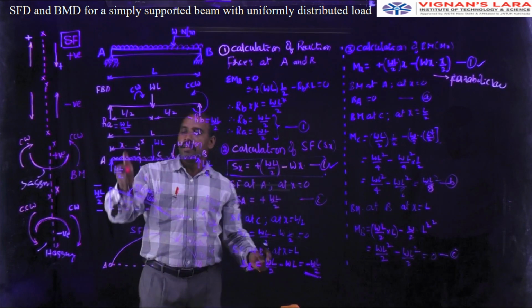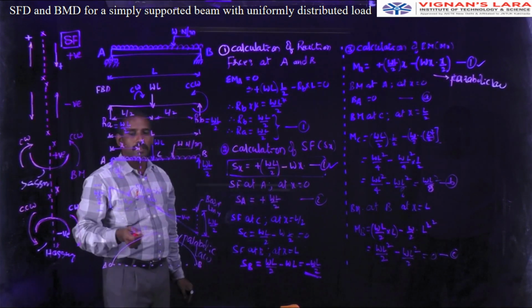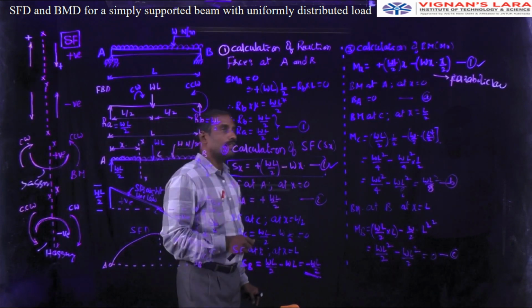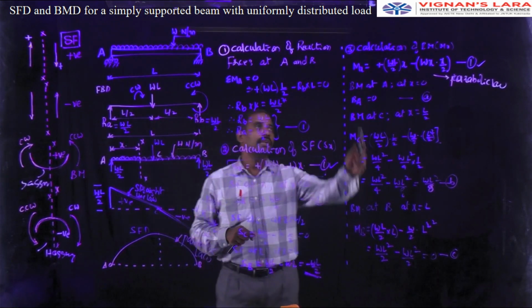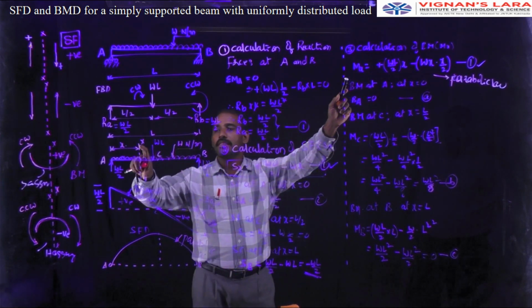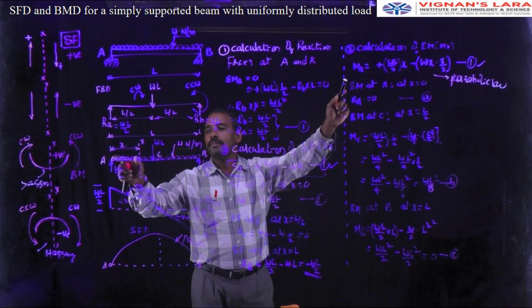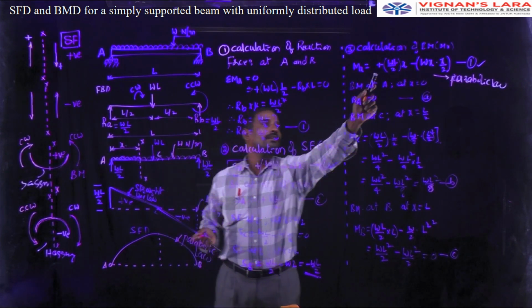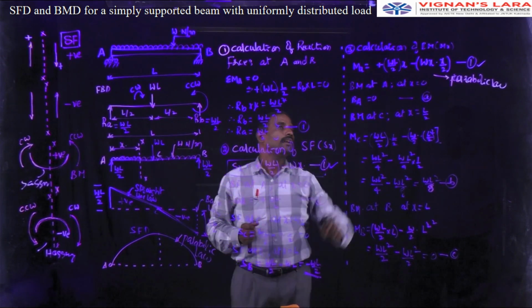Then at particular points you can find out the shear force at A, B and C. Then calculate the bending moment. While calculating the bending moment, again consider the same section XX with the uniformly distributed load as well as a point load WL by 2. So we formulated the equation.